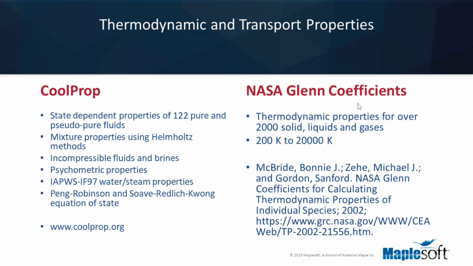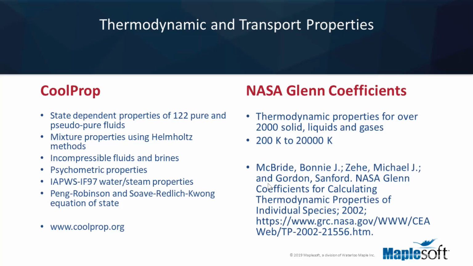We've also integrated the NASA-Glenn coefficients for the thermodynamic properties of solids, liquids, and gases. There's about 2,000 of these solids, liquids, and gases, and this is the reference. Now, we don't just have these data in Maple. We've actually fully integrated it with the Maple engine.